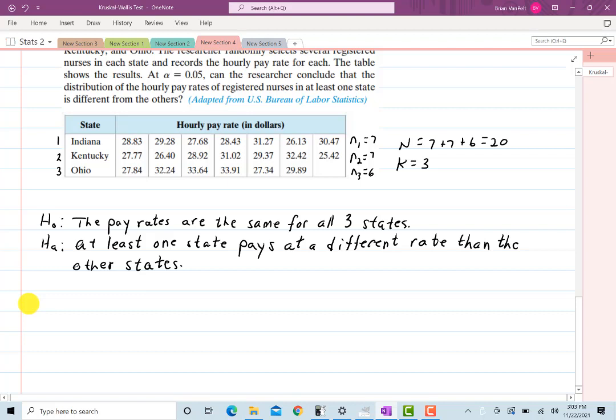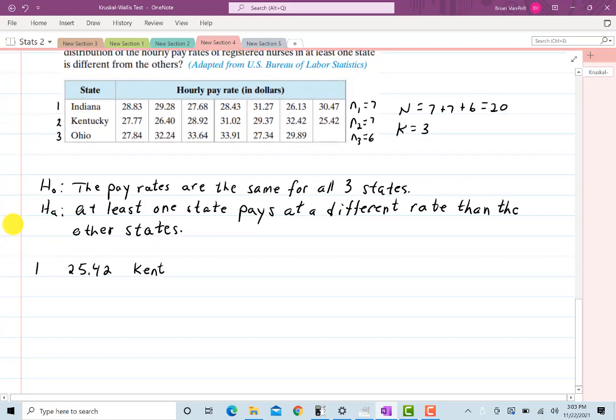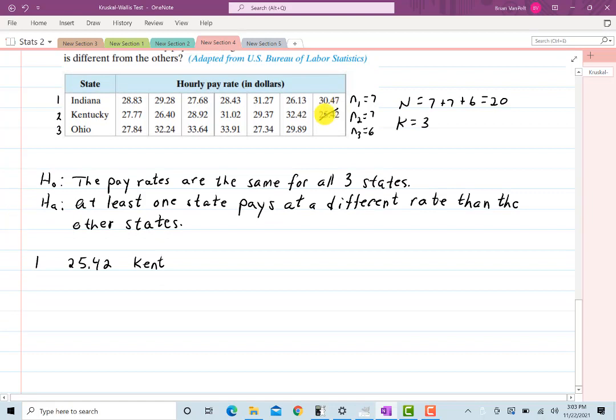The lowest for me is 2542. So that will be number 1, 2542, and that came from Kentucky. Let me slice this off and look for the next item on the list.